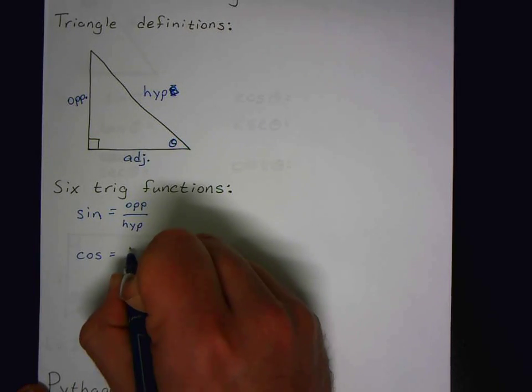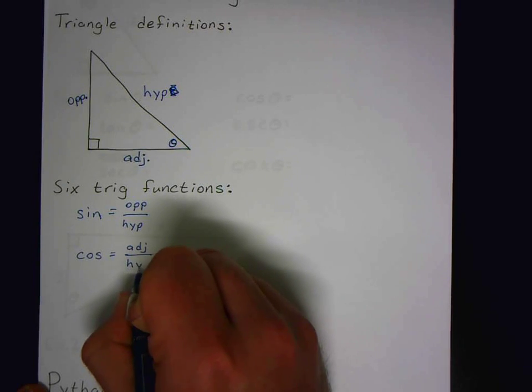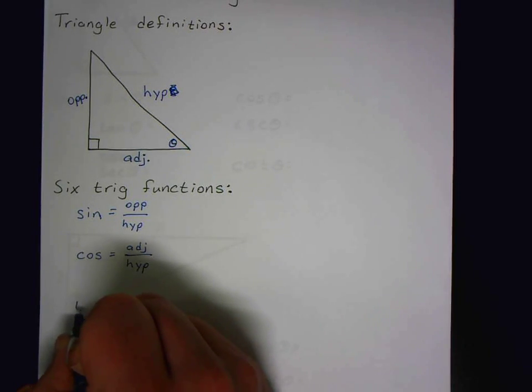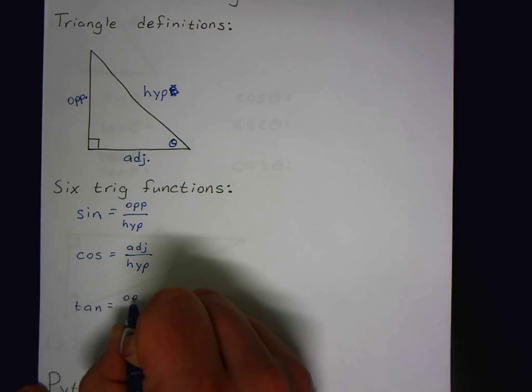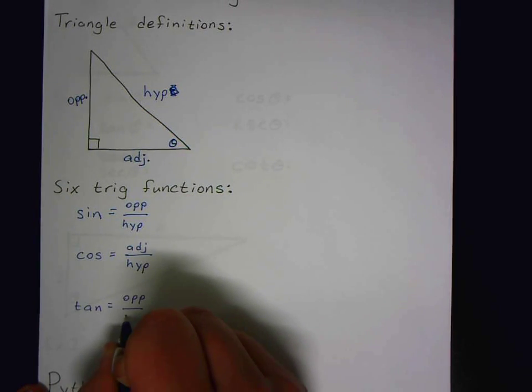Cosine is defined as adjacent over hypotenuse. And tangent is defined as opposite over adjacent.